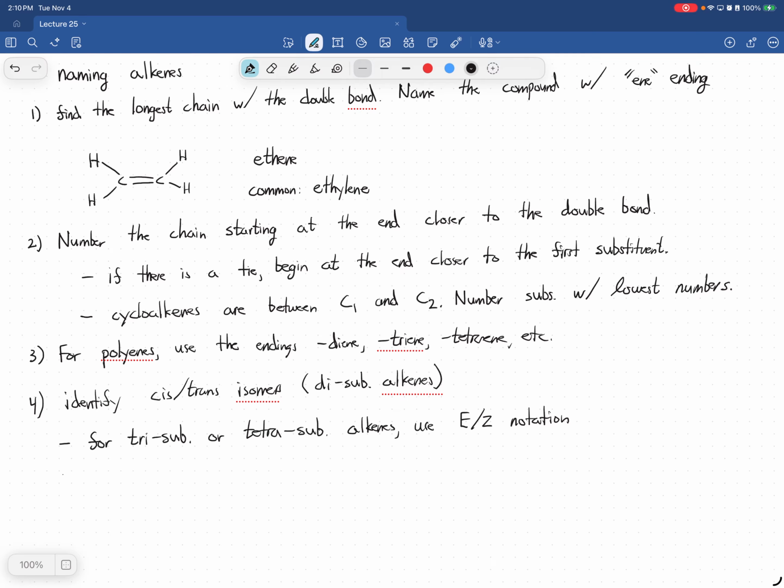So the groups around the double bond, we assign priorities similar to R and S. So don't forget R and S. The top two priorities, the two higher priority groups.